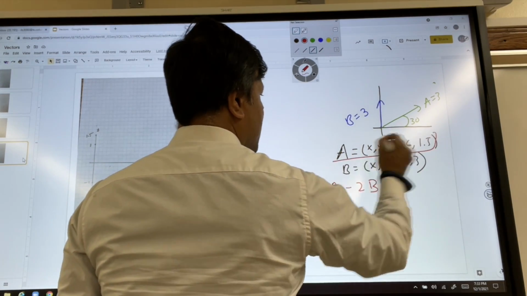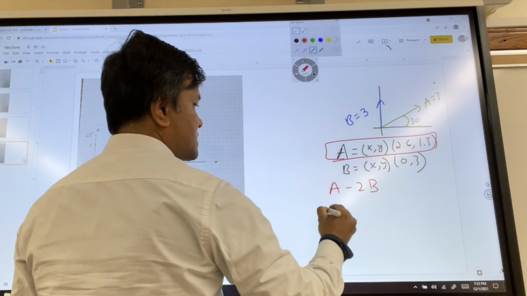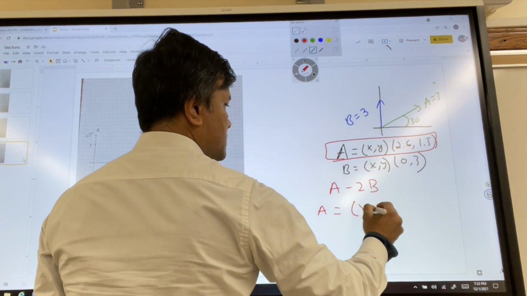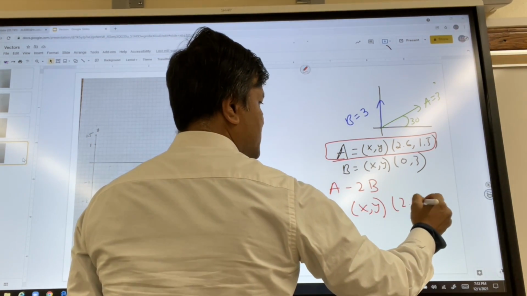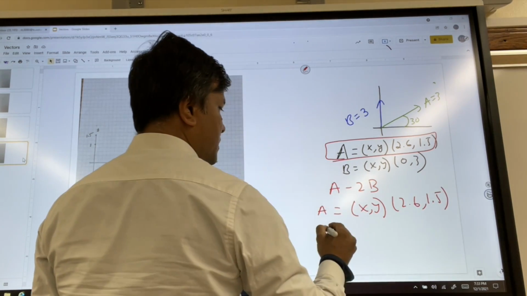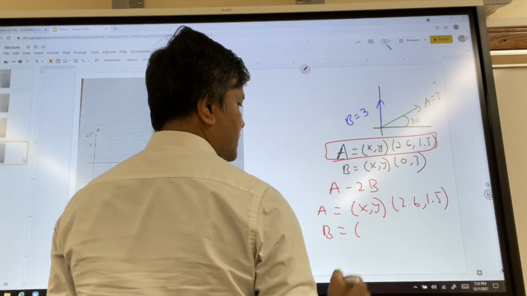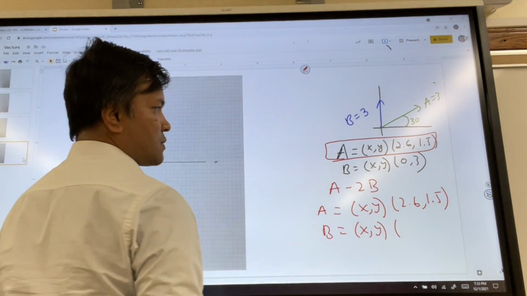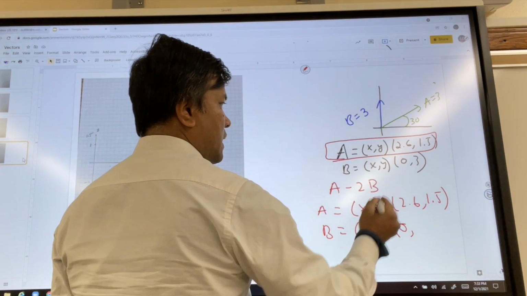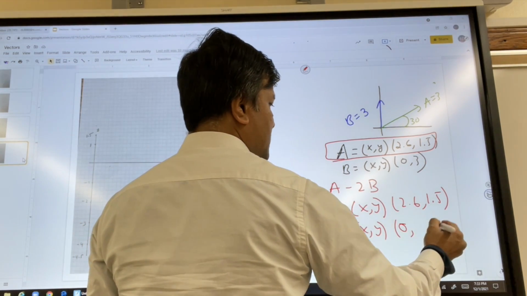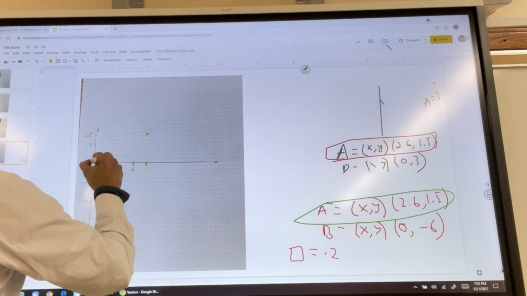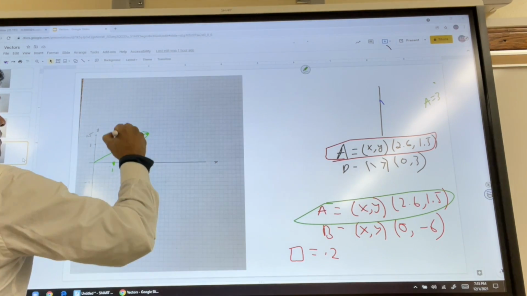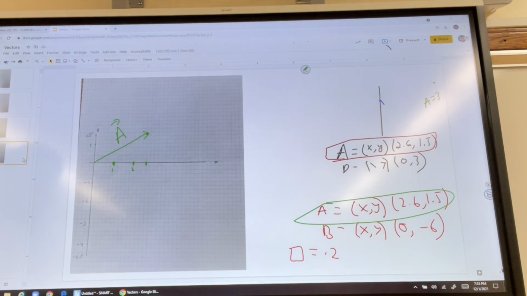So a is gonna remain the same, still x comma y, 2.6 comma 1.5. However, b is gonna be different: 0 times 2 is 0, and 3 times negative 2 is negative 6. This is my vector A.